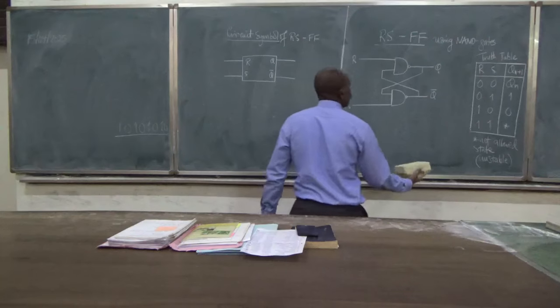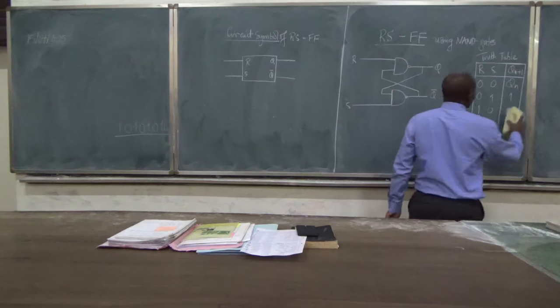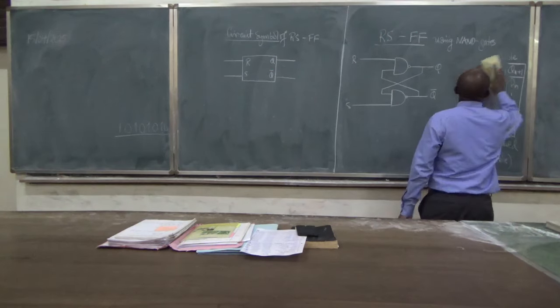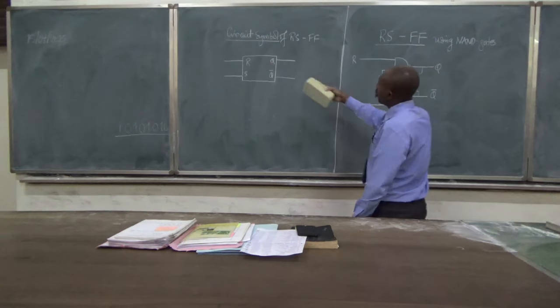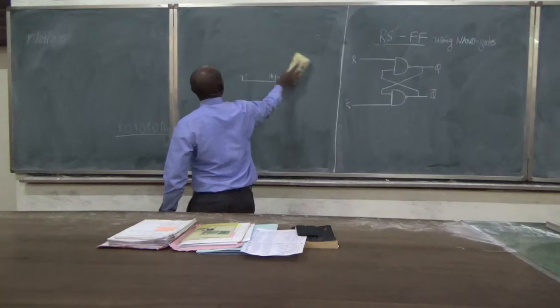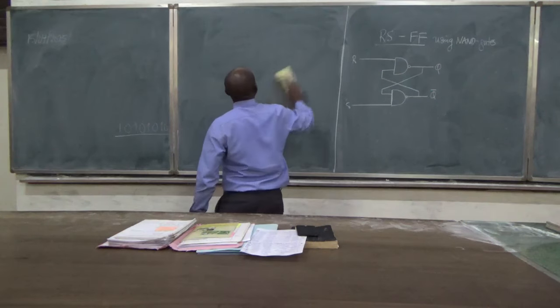And do you want to try out the truth table? The circuit symbol is still the same. What has changed are the gates we are using.